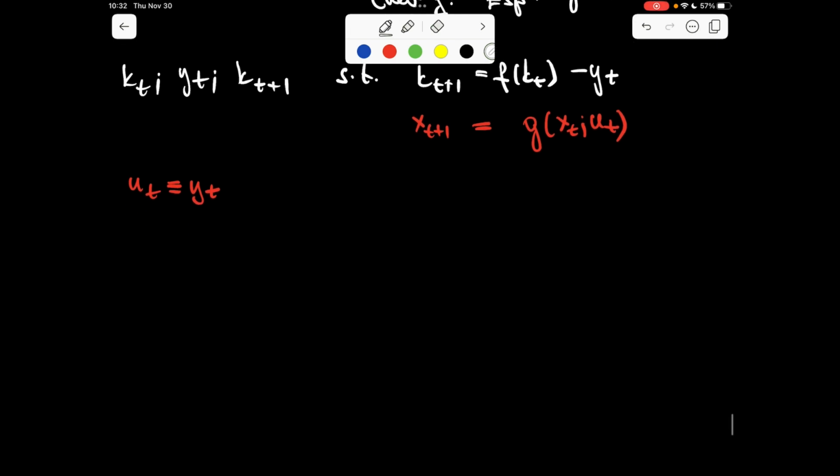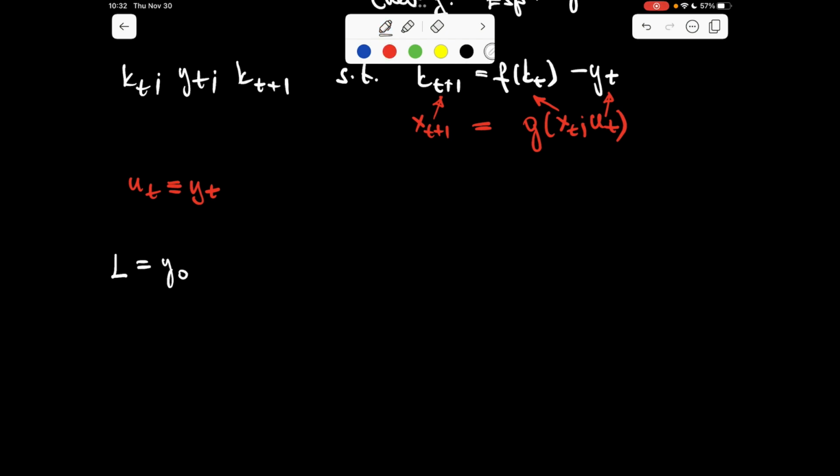So let's try to expand the Lagrangian function on this basis. So this is xt plus 1. So we are identifying the variables.